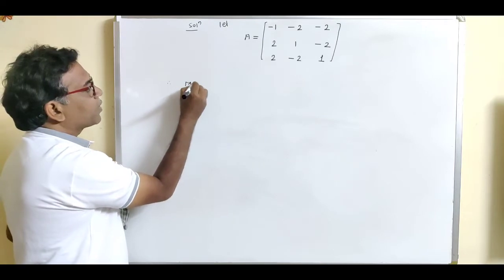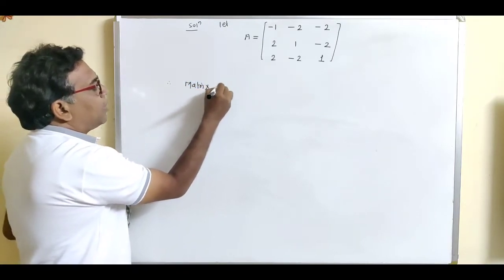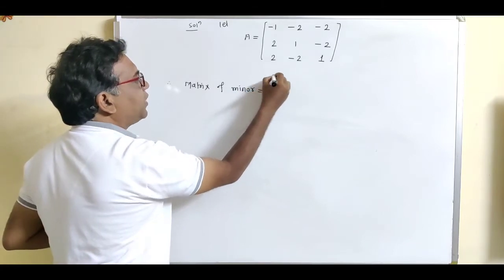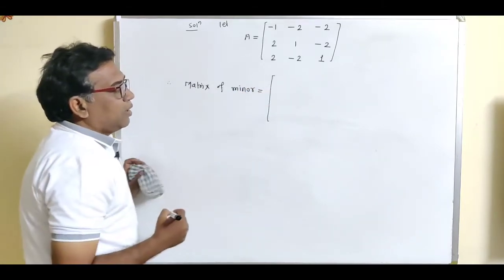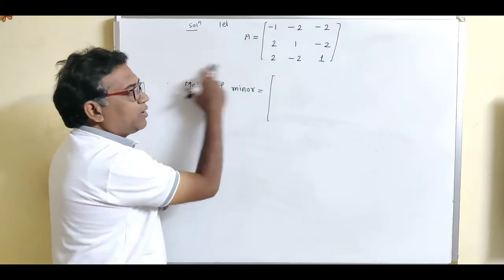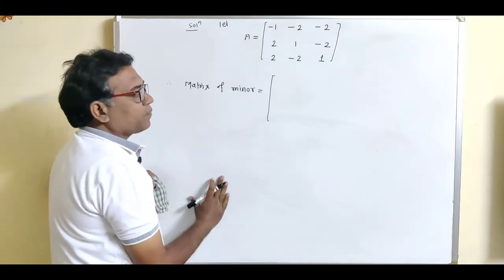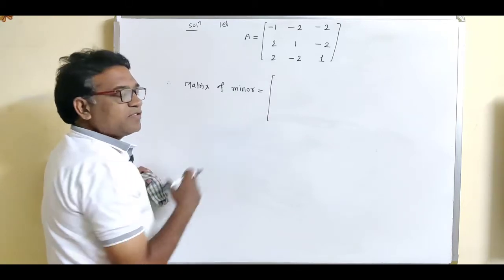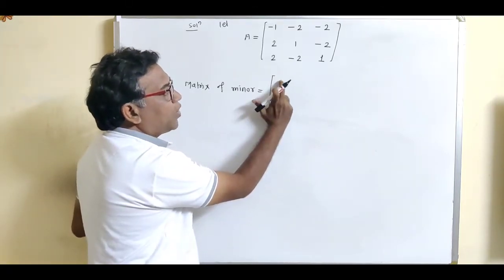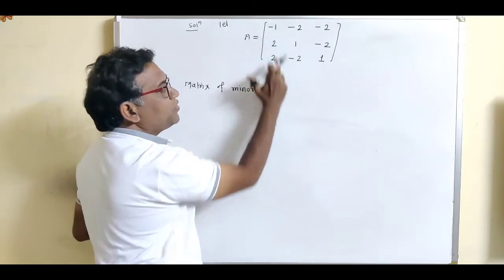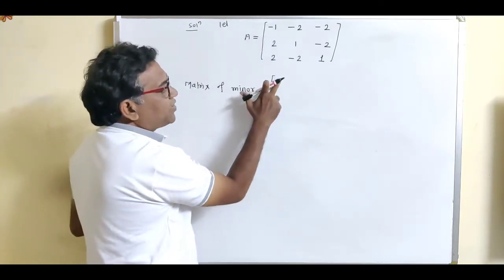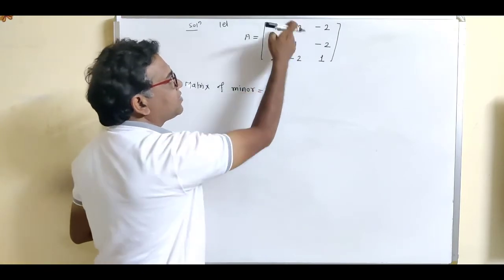Therefore, matrix of minor is equal to, now from the given matrix A, we want to find out this matrix of minor. Now see how to get this matrix of minor. First of all, find out this first minor element. So this is the position of the first minor element. For the first minor element, what is the process?